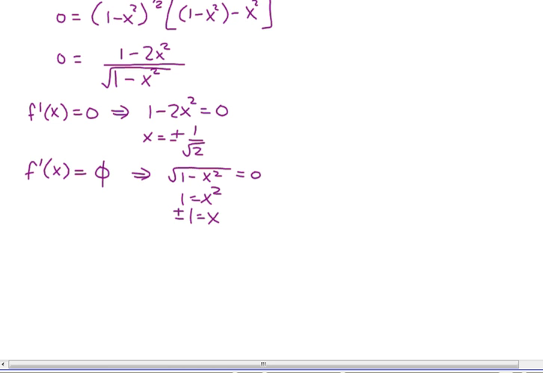Right, so our function only begins where? Well, when this is greater than 0. And that's the note I wanted to write.